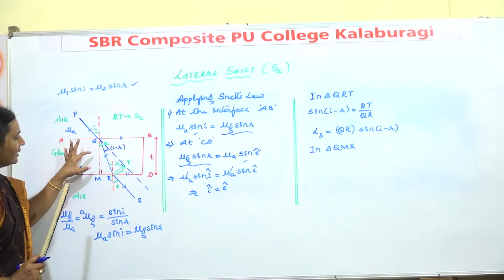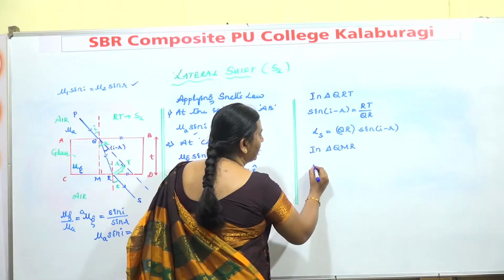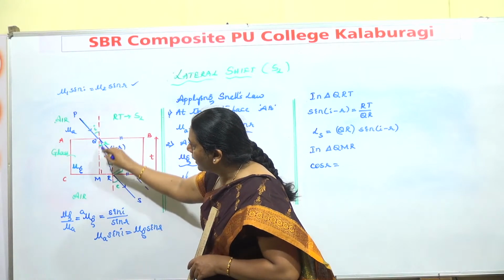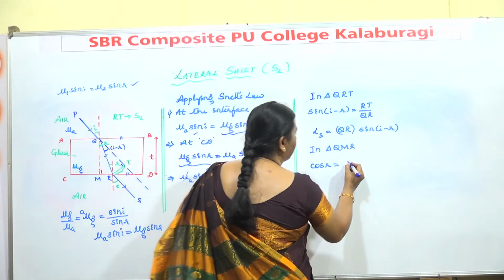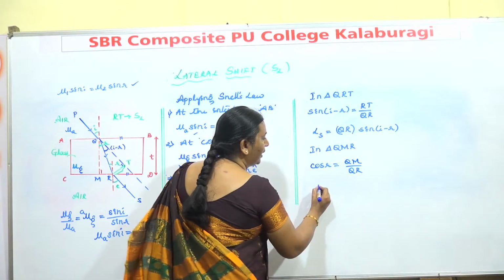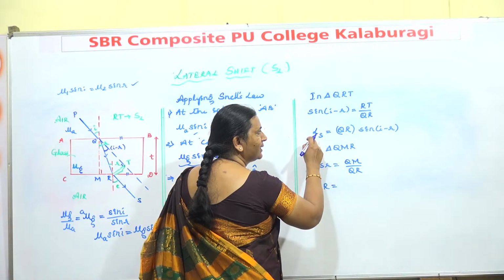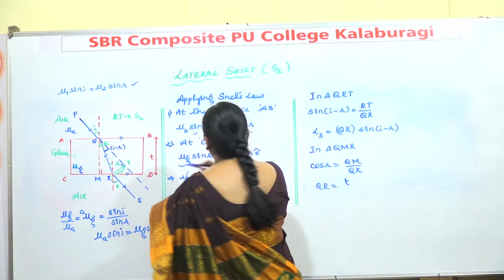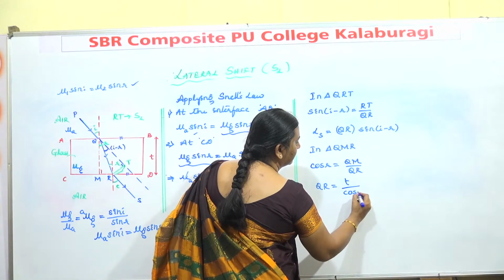So once again, I can go for the cos angle. What is cos of r, children? Cos of r we are having is QM divided by QR. Therefore QR became, QM itself is nothing but the thickness of the slab. QM is nothing but the thickness of the slab. I can write QR as T divided by cos r.